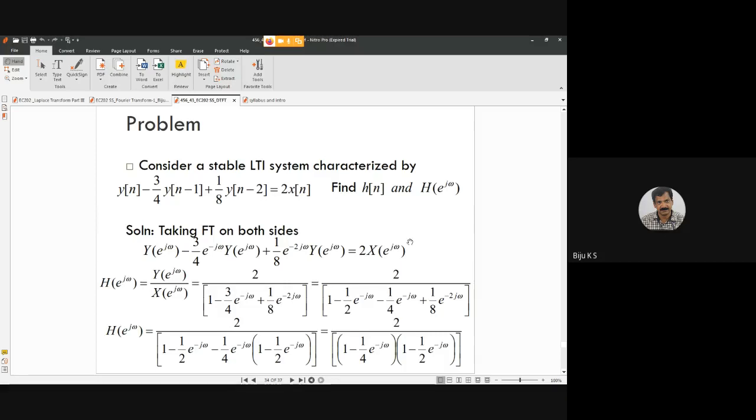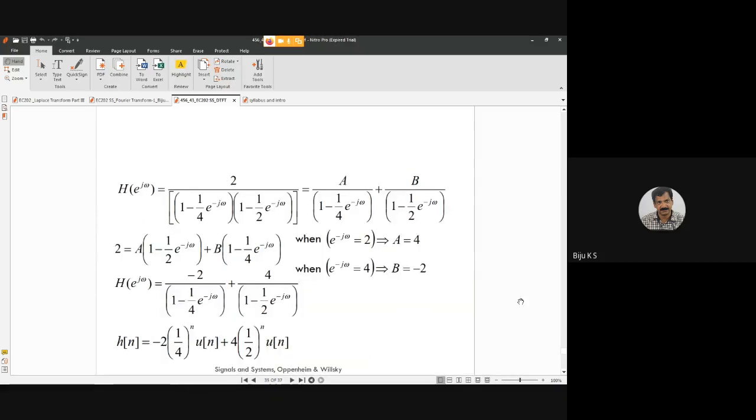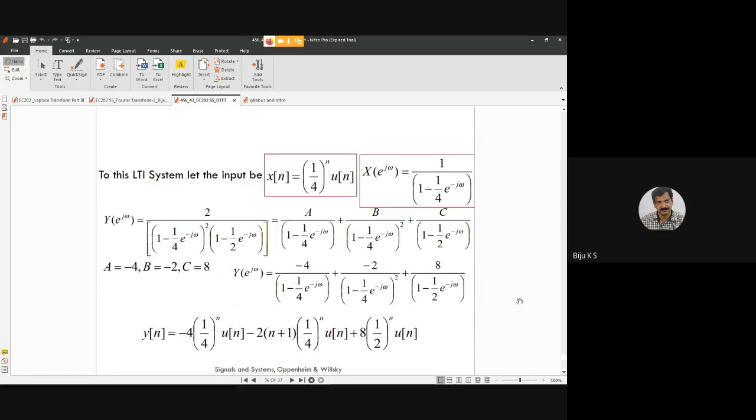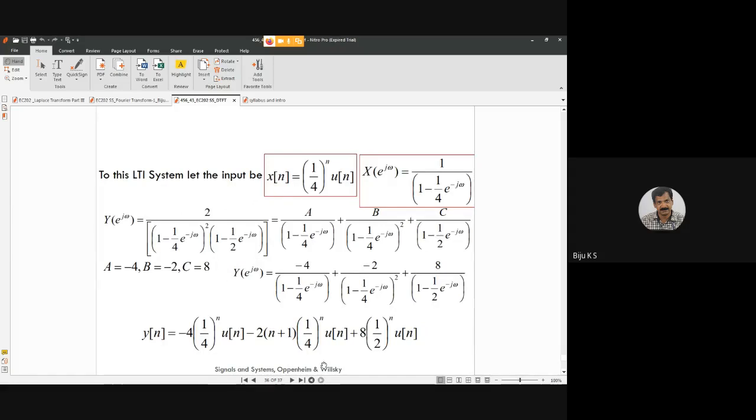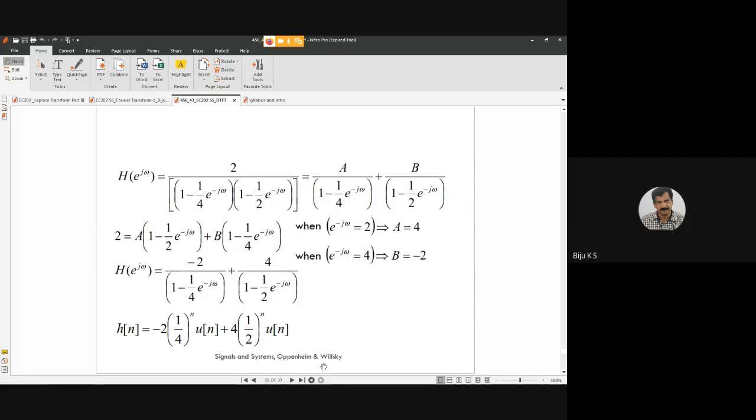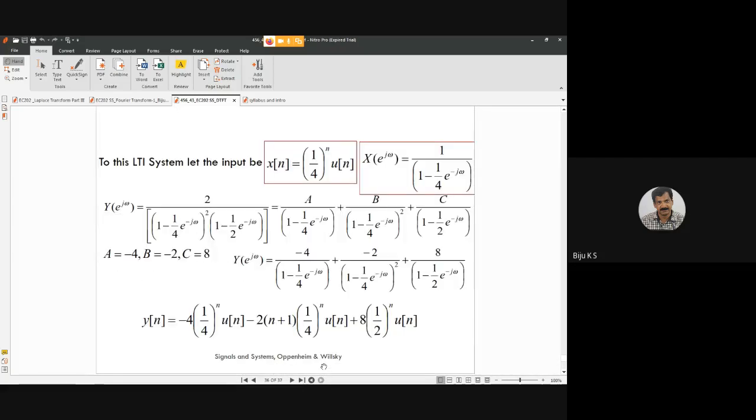If omega is in radians, you can put values from 0 to 2 pi. So this h[n] is okay, fine. Like that, you can finish the frequency response of an LTI system.